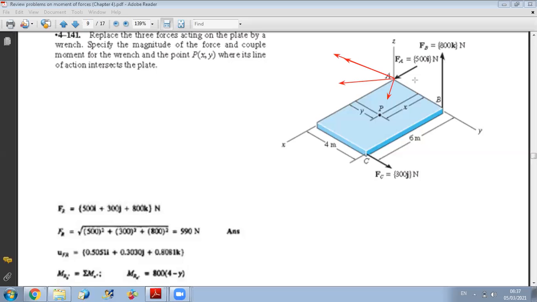You want to displace it in a way to create this moment, so you should displace it towards us. The point of reduction will be in space. Once I find this point in space, if I displace the force on its line of action, it remains a wrench, nothing will change. Then you need to find the intersection of the line with the plate. I don't know if you understood.